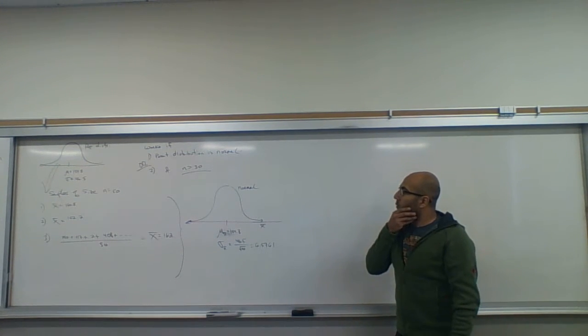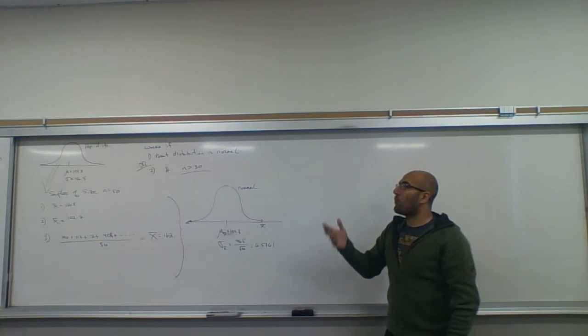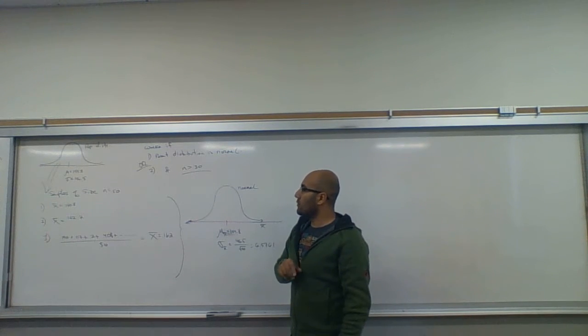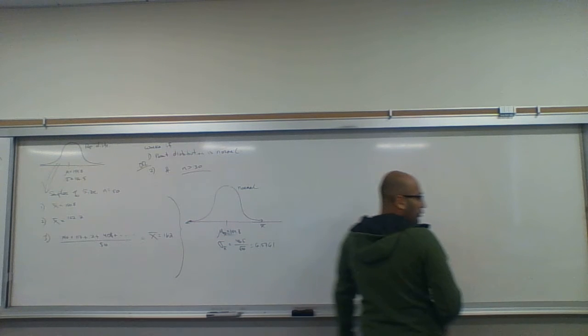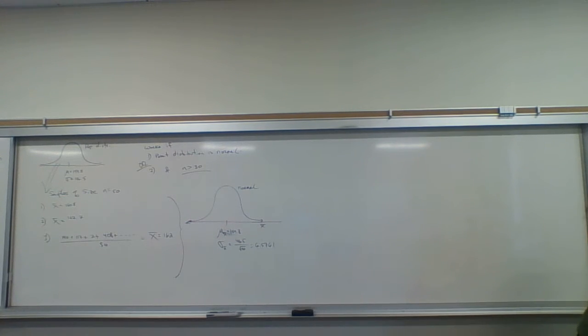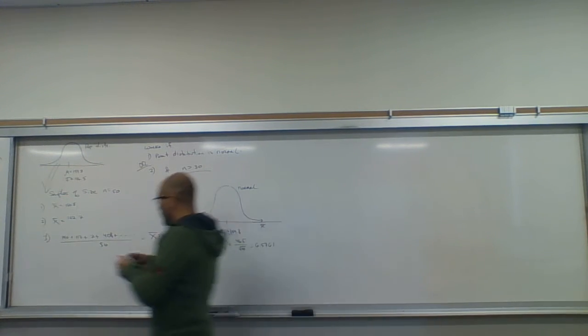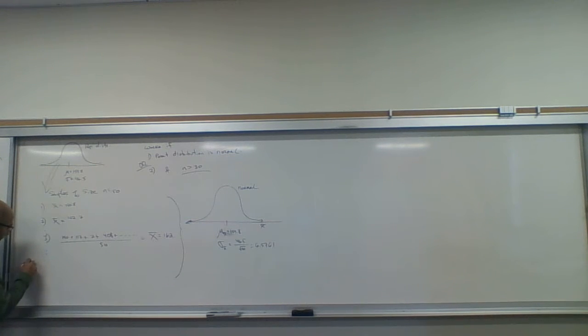All right, so now what we have is a particular sample value. That sample value is 128.7. So we are told that there is some sample, one of our samples over here.